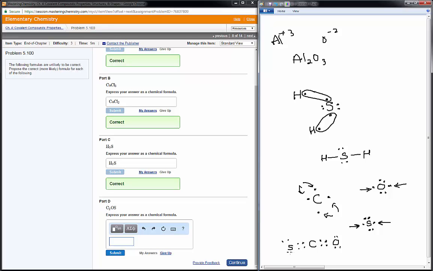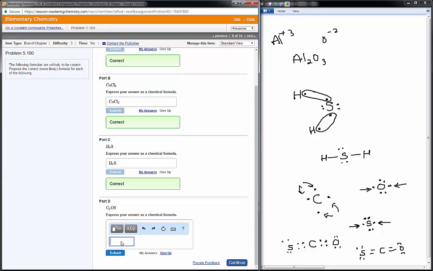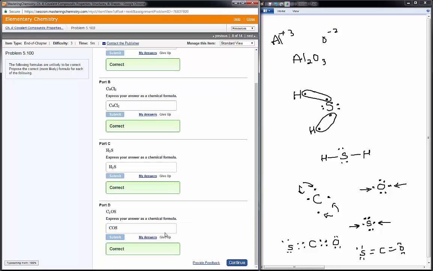So that would give me double bonds between sulfur and carbon, and a double bond between carbon and oxygen. So it's going to look like that. So it makes more sense to have the formula COS and not 2 carbons there. That's going to be easier.